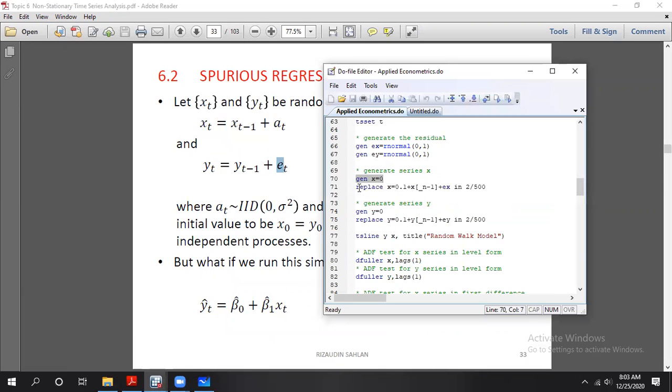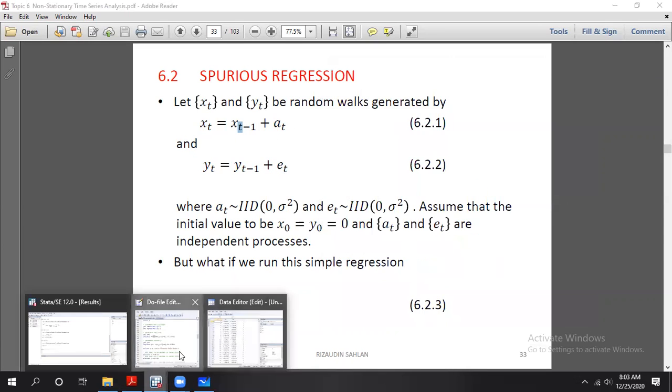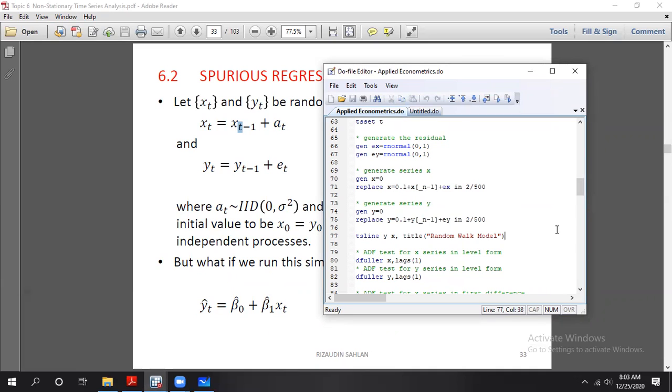Then we replace x. We replace x with 0.1, so in this case we put the intercept, the value of the intercept is 0.1, plus xt minus 1, and plus the error.